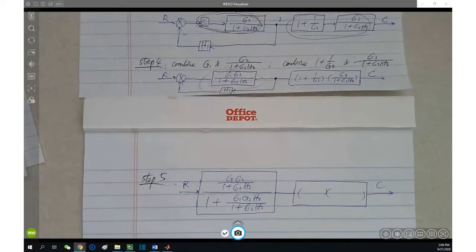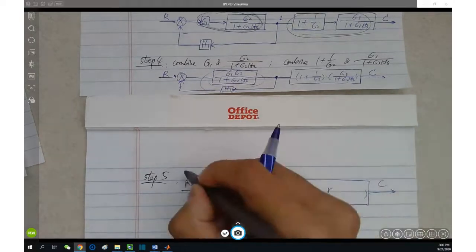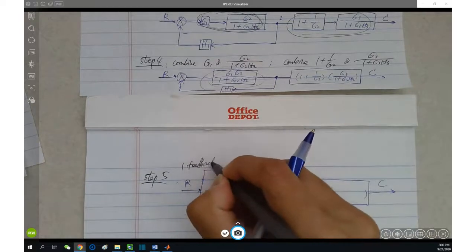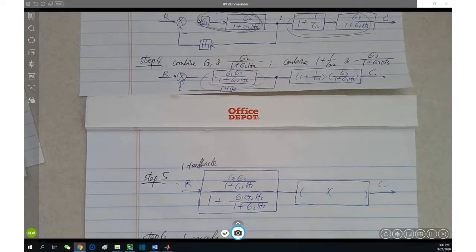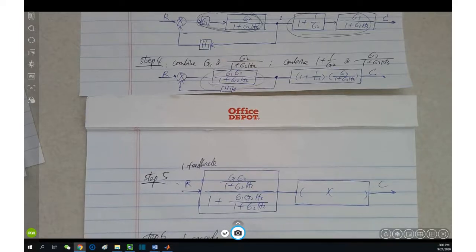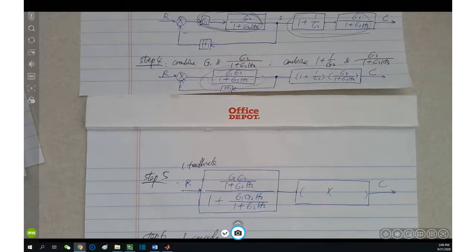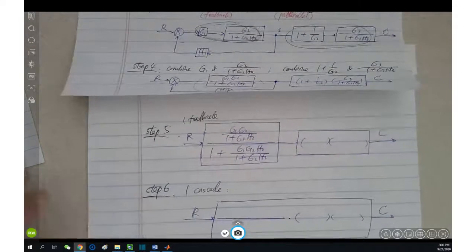Does it make sense? Any questions? Step 5 is the one feedback here. Step 6, the last one, is cascade: R times this ratio here times the parentheses here as the final result.